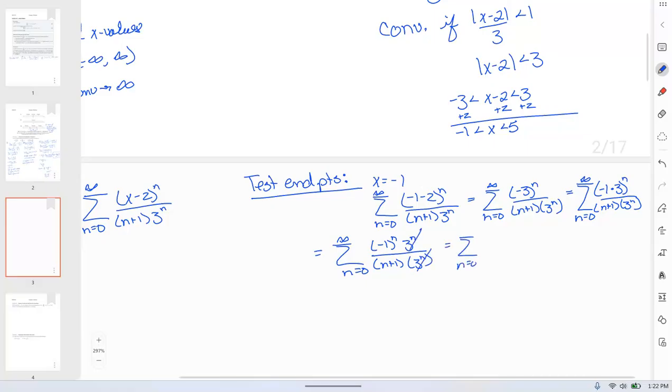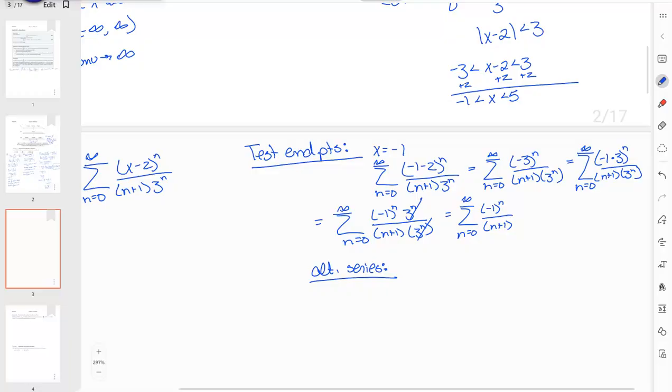So we're going to be left with the alternating series, (-1) to the n over n plus 1. We want to know what's happening with this. Does this converge or does it diverge? This is an alternating series, so we can use the alternating series test to determine convergence or divergence.